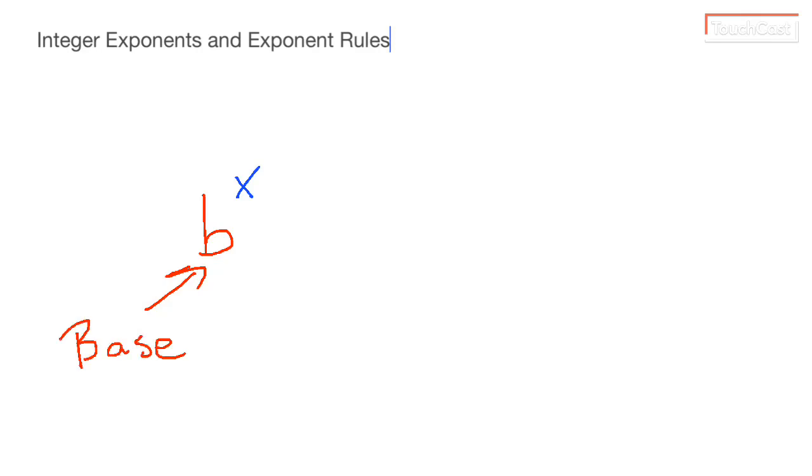The x is what we call the exponent. It tells us how many times we need to multiply the base by itself. Let's look at a couple rules for integer exponents.